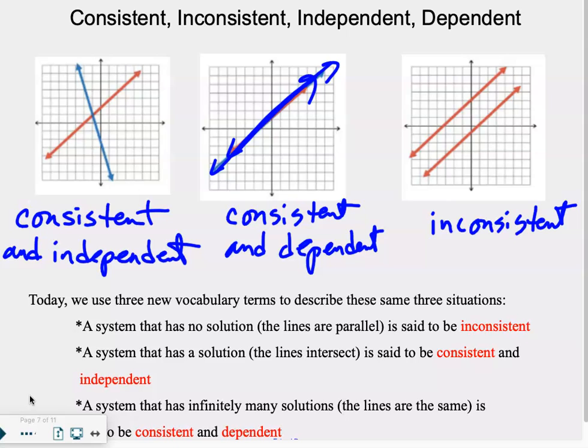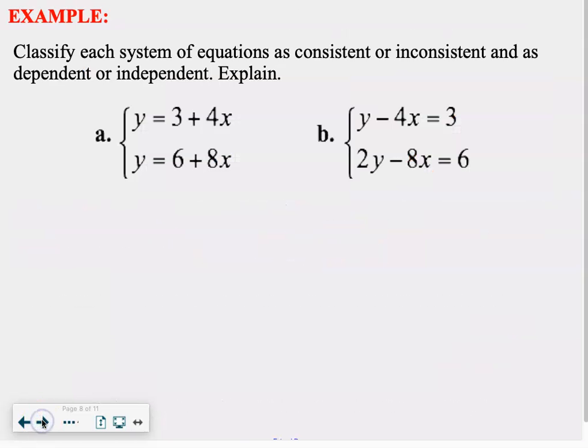All right. Let's see if you can put your knowledge of lines to the test. I have two systems up. For each system, I want you to label it either as consistent and independent, consistent and dependent, or inconsistent.